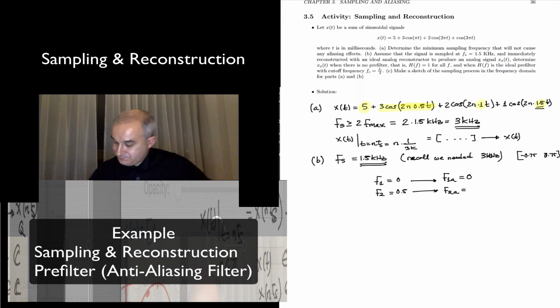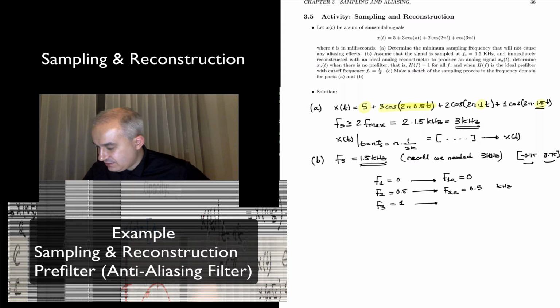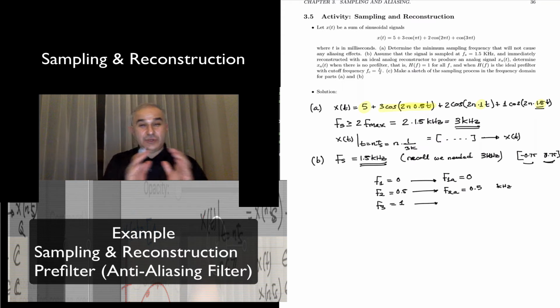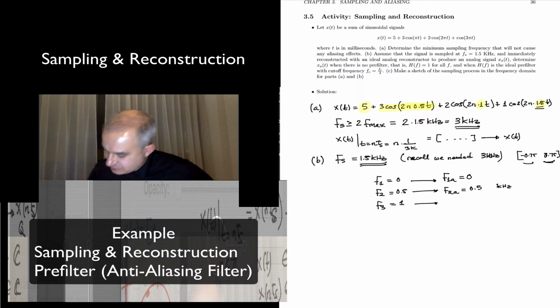So this is within that range, and so, fine, 0.5 kilohertz. But the third component, we have 1 kilohertz, that is going to be outside the minus 0.75 to 0.75 range. And so we're going to have an alias.